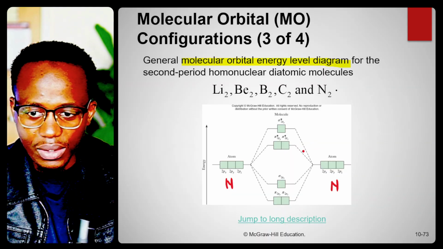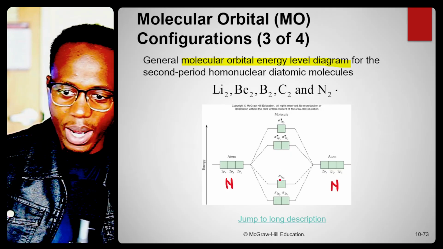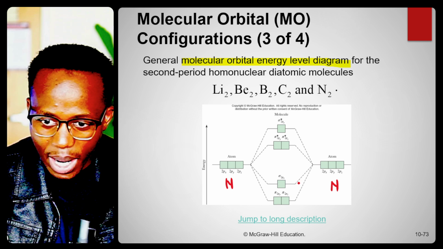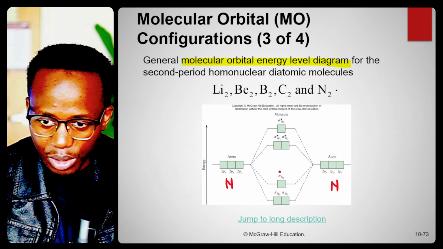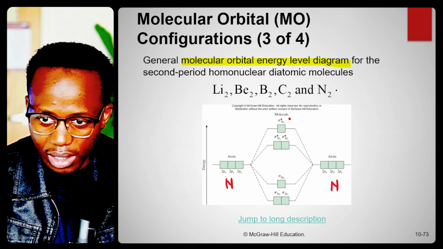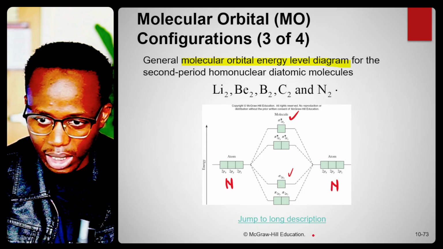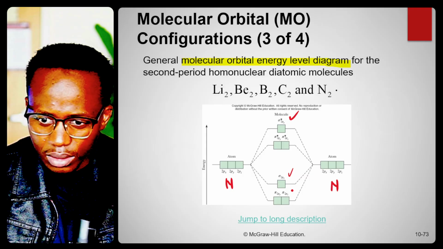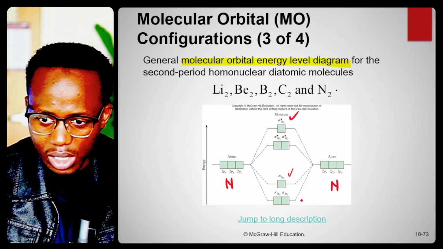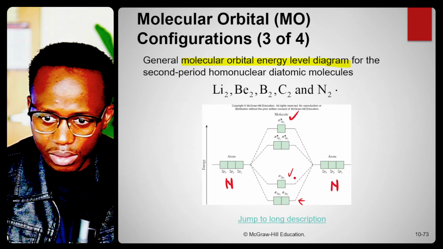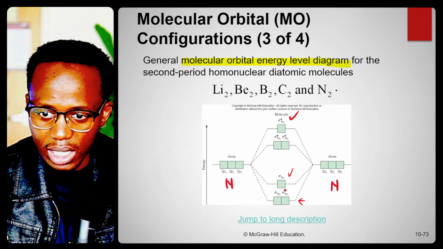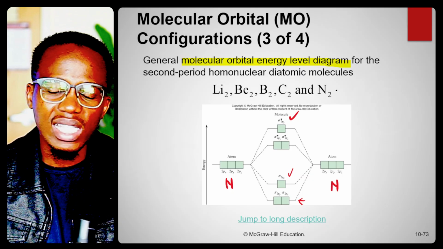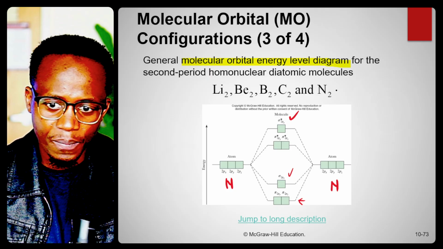Because these are p orbitals, they combine to give me p molecular orbitals that will be either bonding or anti-bonding. For p, it will be 2 pi bonds and 1 sigma bond, and there will be bonding and anti-bonding orbitals.